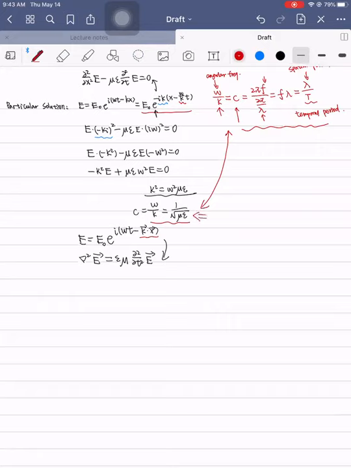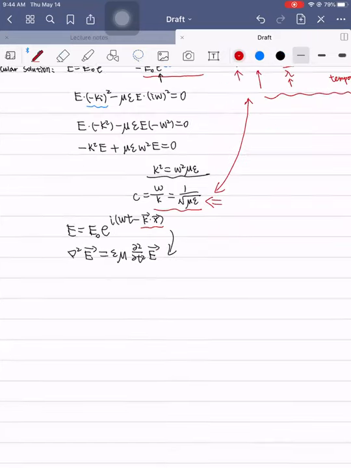C equals the inverse of the square root of the product of mu and epsilon. So I won't repeat this process, but I encourage you to do this yourself. It's very straightforward.